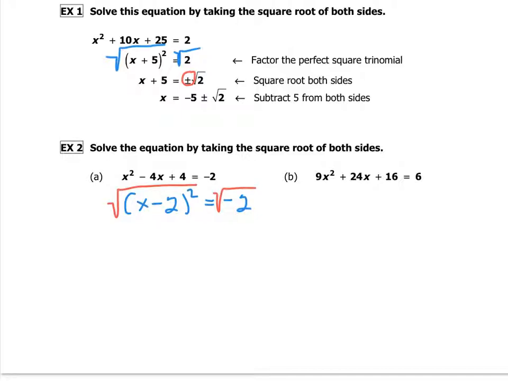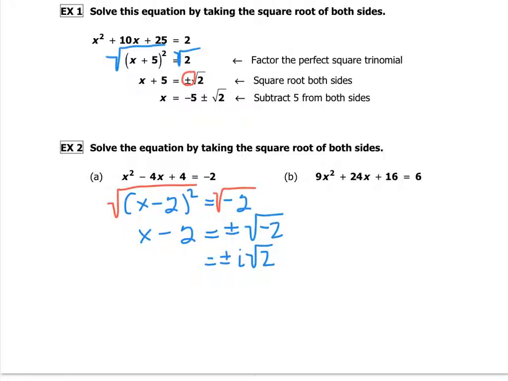On the left-hand side, I'm just going to get x minus 2. On the right-hand side, I'm going to get plus or minus the square root of negative 2. Now remember, the square root of negative 2 is the same as the square root of negative 1 times the square root of 2. So really, this equals plus or minus, then the square root of negative 1 is i, so plus or minus i square root of 2.